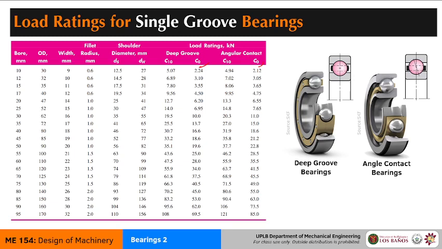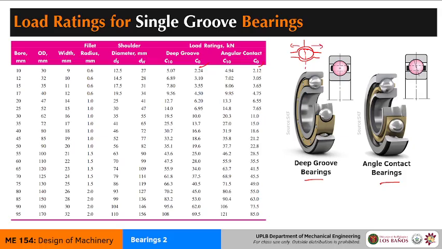I am not sure where Shigley got these ratings specifically. They have to come from a particular manufacturer. Let's just believe that they are well acknowledged in the references for that book. What you notice here is that there are two kinds of ball bearings in this application: deep groove bearings and angular contact bearings. Deep groove bearings you can think of as symmetrical, so this side is symmetrical to this one.